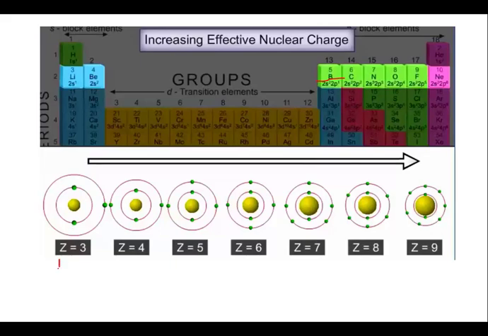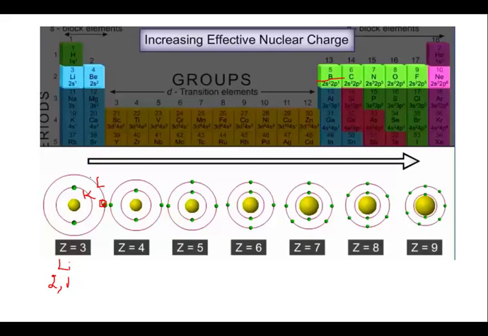For lithium, atomic number 3, the electrons are present. This is K shell, first shell, and this one is L. So we are talking about K and L shell, outer shell is L. So electrons can be represented as 2 in first and 1 in second. For lithium, this is the outermost electron, there is only one electron.